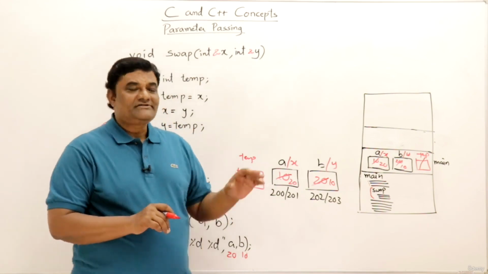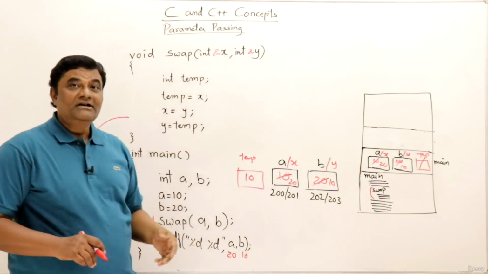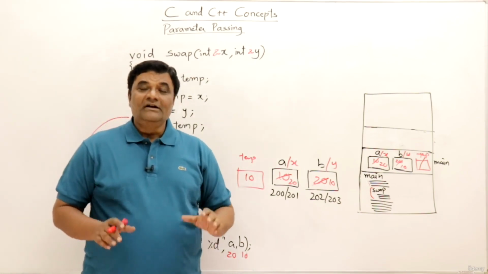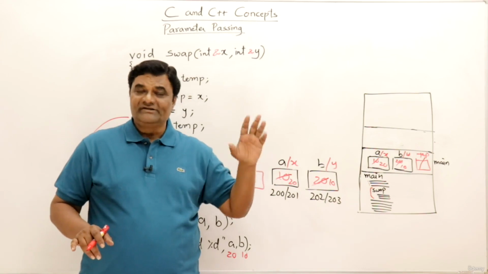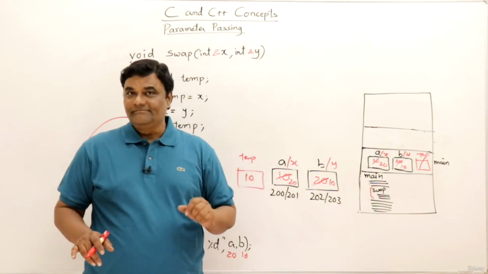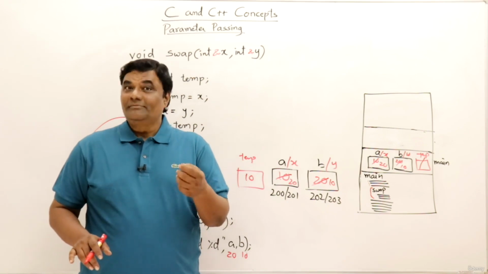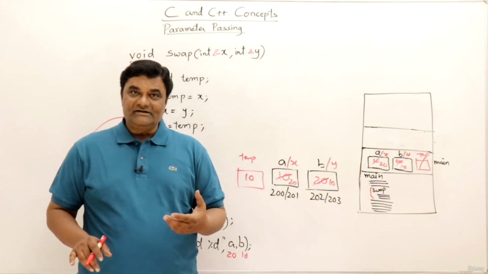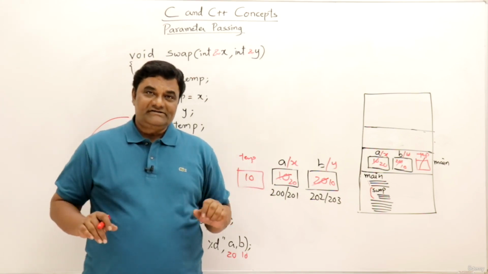You can use call by reference for small functions, 1 or 2 lines, or a function like swap. But don't use it for heavy functions which are having loops and complex logic. So call by reference should be used carefully. It's a more powerful feature of C++, but it cannot be used always.